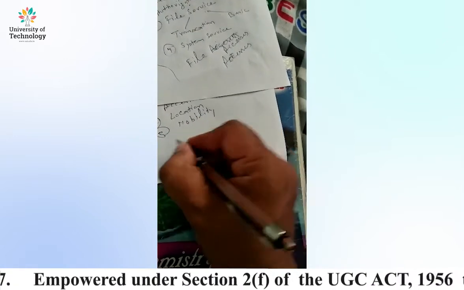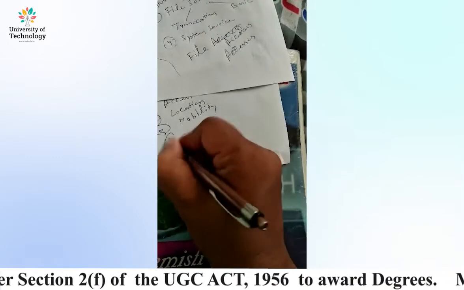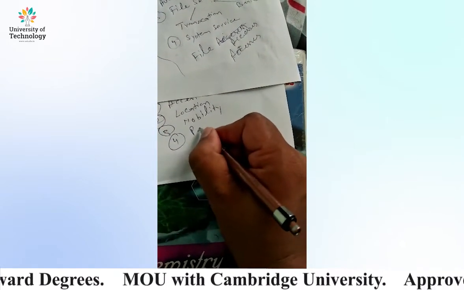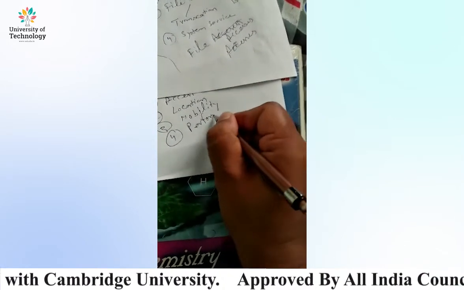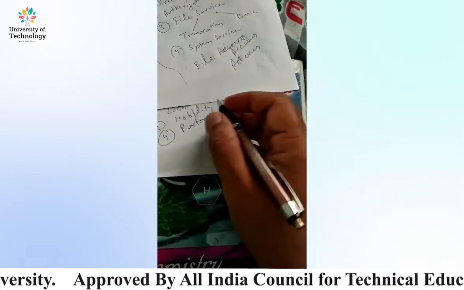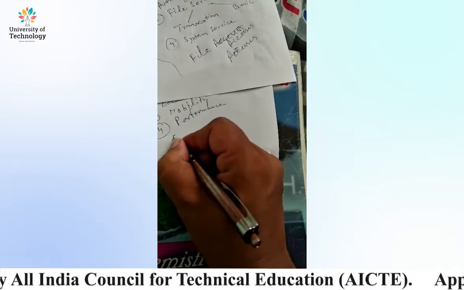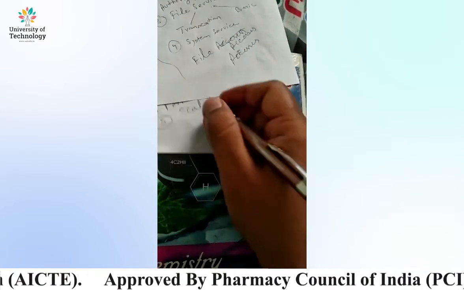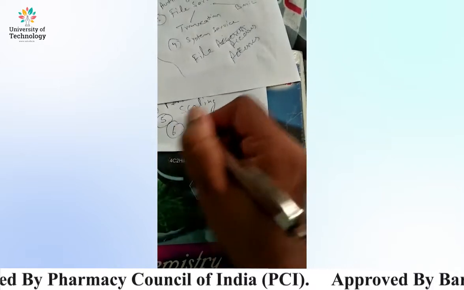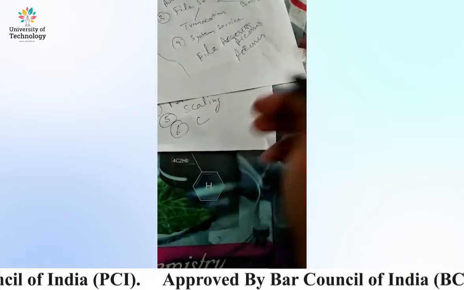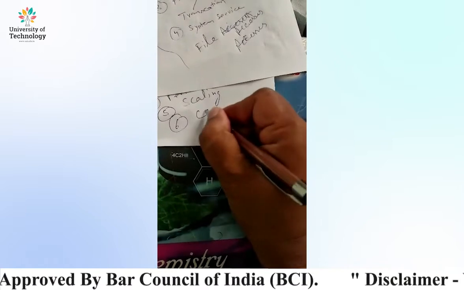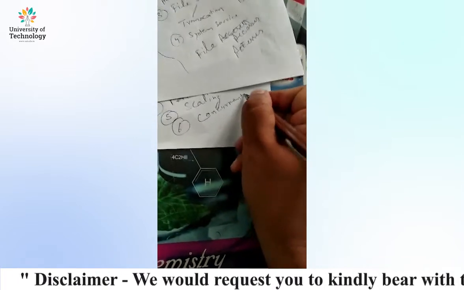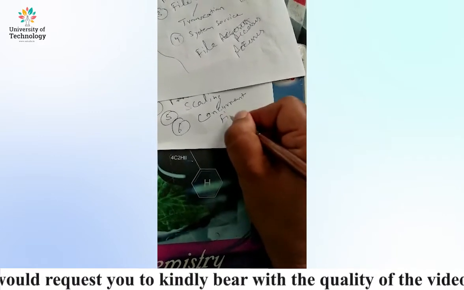Fourth is performance. Fifth is scaling. And sixth is concurrent file updates.